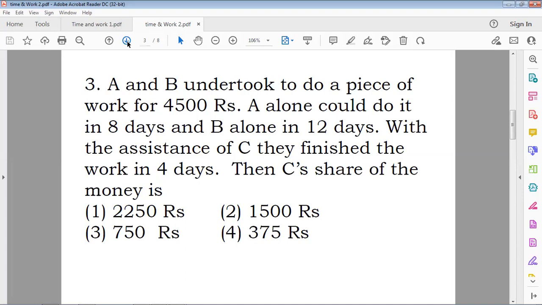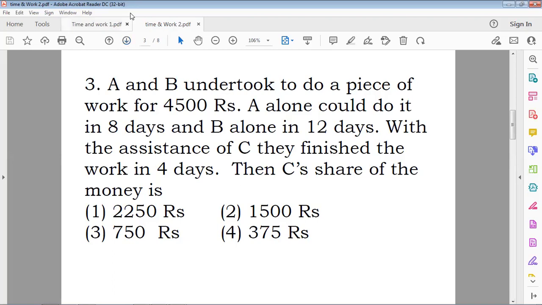So we will divide the money in 3 is to 2 is to 1. So C's share will be 1 upon 6 into the value 4500. That's how we are getting 750 as our answer.